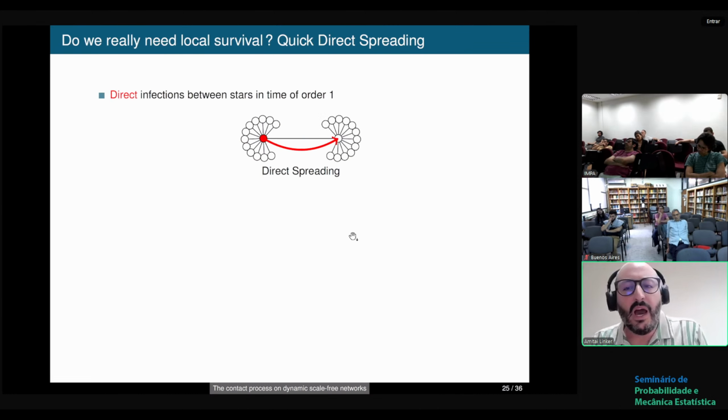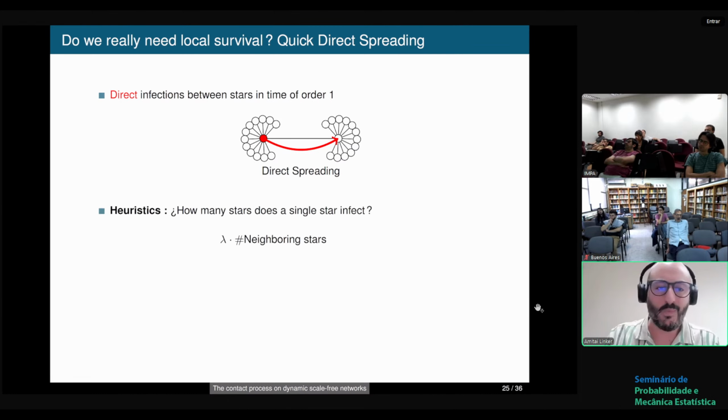Okay. Now there is another strategy, which is quick direct spreading, which is basically the same, but you don't ask the infection to wait for long. You just want it to happen in a time of order 1, which is the time at which you see the very first infection recovery event. Okay, you can repeat the same heuristics.